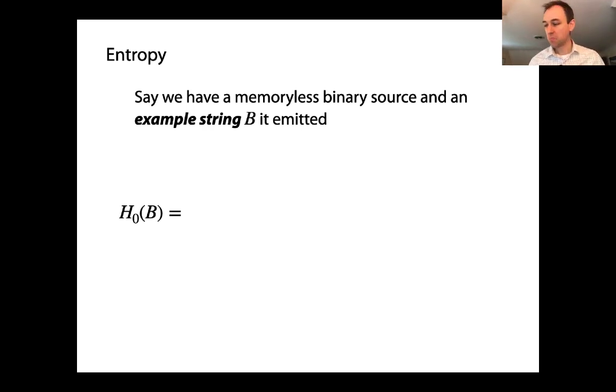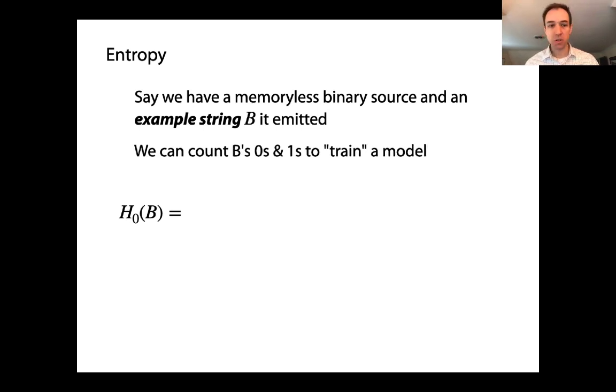But we also have an example string that it's emitted, which I'll call B. And we're going to think of a new notion of entropy, which is called the zero-order empirical entropy, which is a function of that string. Essentially, we'll count the zeros and ones in the binary string B, and then we can use them to form our best guess as to what the memoryless source was that generated the bits in this example string.